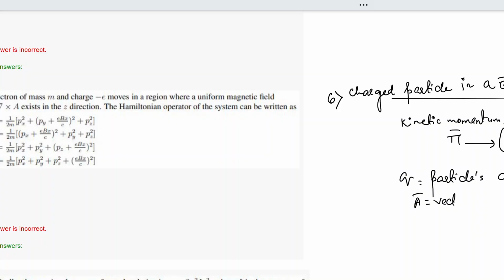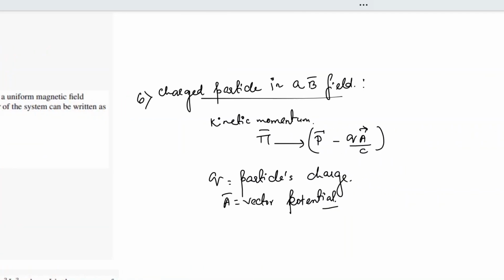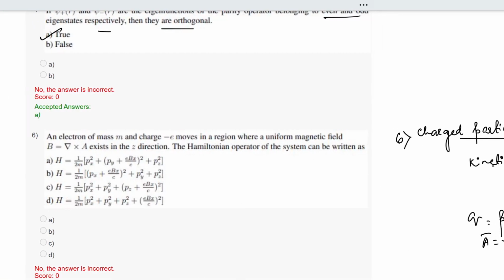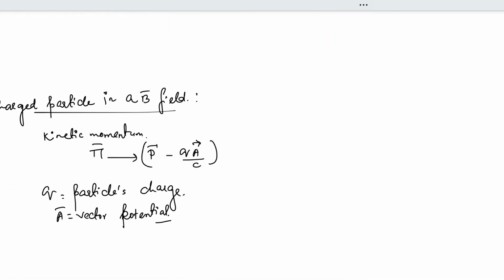A vector is the vector potential. Now if your B is along z cap, as mentioned in the question, that it exists only in the z direction, then what can you say about the value of A? So B equal to B z cap only is equal to curl of A.